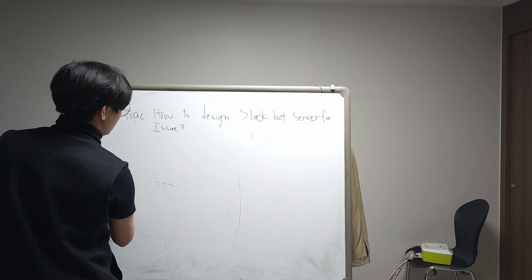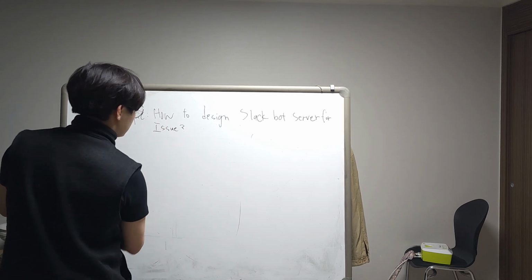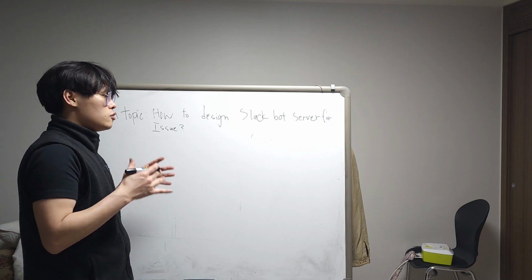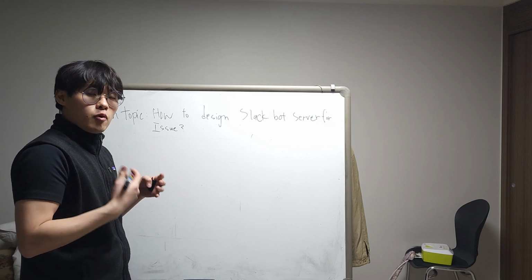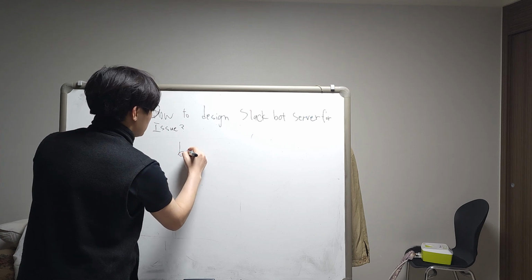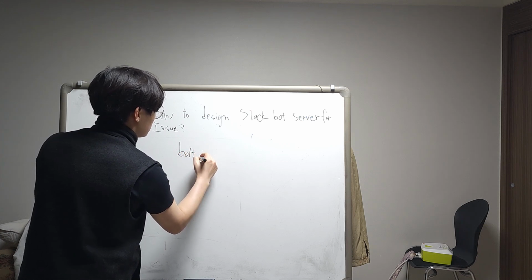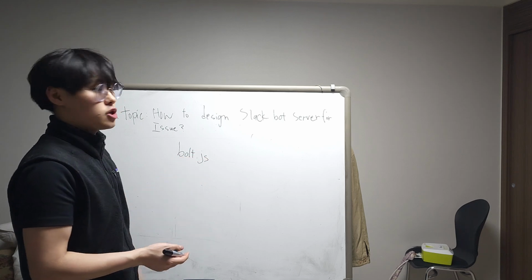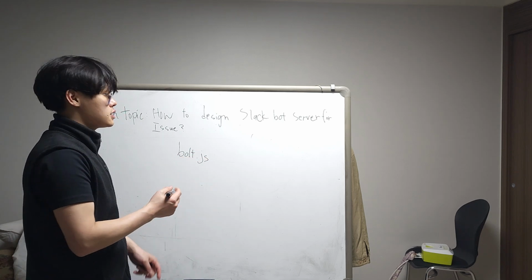But next is how to design a Slack bot server. This is my way of making a Slack bot server on my startup team. There's a library, Bolt.js. I'm a front-end engineer, so I can make a server with JS, also TS.